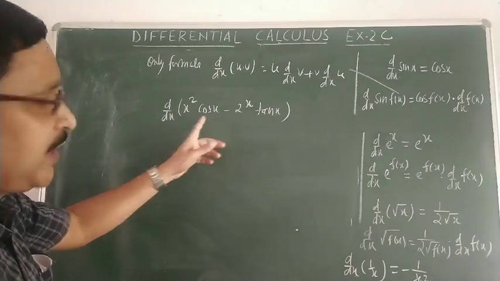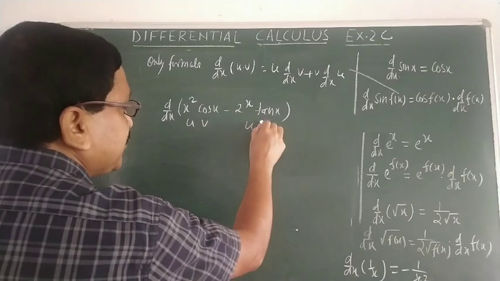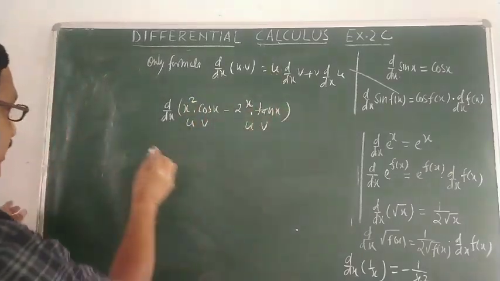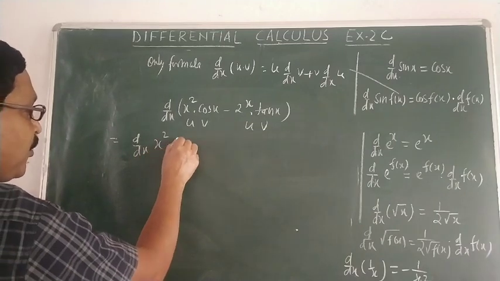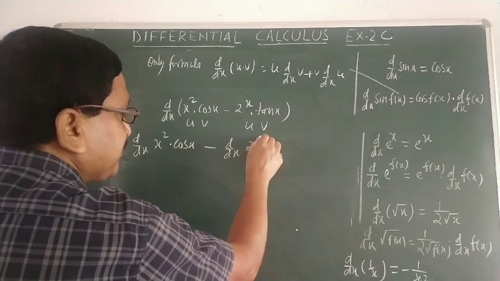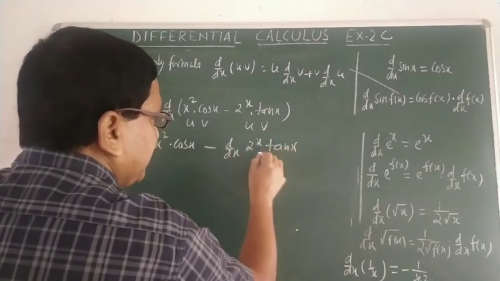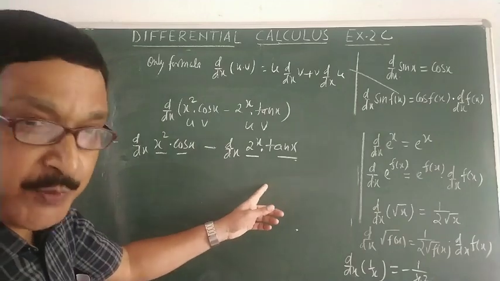Again there are two problems, uv and uv. This is also uv, this is also uv. So be alert student. This is equal to d by dx of x square cos x minus d by dx of 2 to the power x tan x. There are two problems in this.